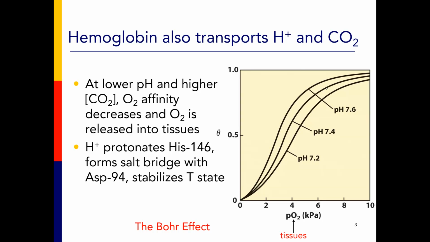If our tissue has a PO2 right around there, and we have a slightly acidic situation, does that favor the T state or the R state of hemoglobin? T state.